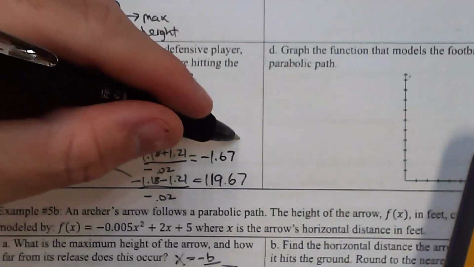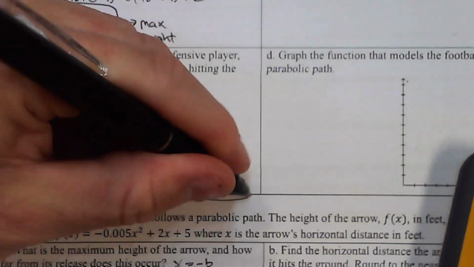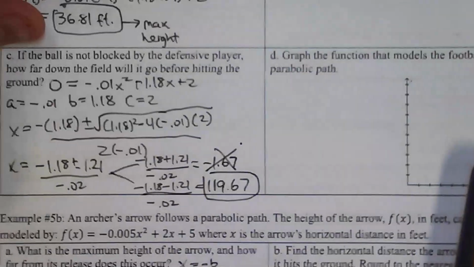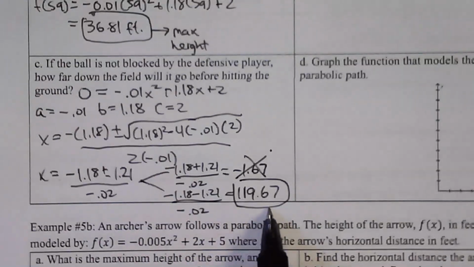And so the negative we'll throw out. And so we'll keep this. So it's going to take about 120 feet for it to hit the ground.